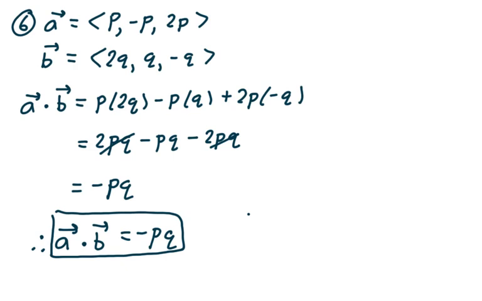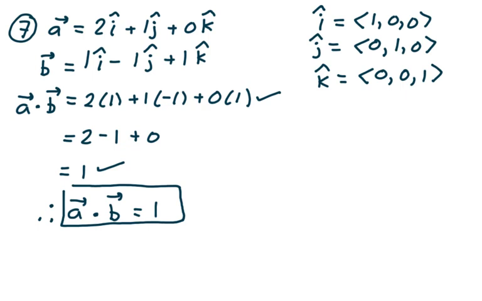But notice how the 2PQs cancel, right? Isn't 2PQ minus 2PQ 0? So these two terms cancel, and what we're left with is -PQ. And so therefore, the dot product of A and B is equal to -PQ. That's number 6.